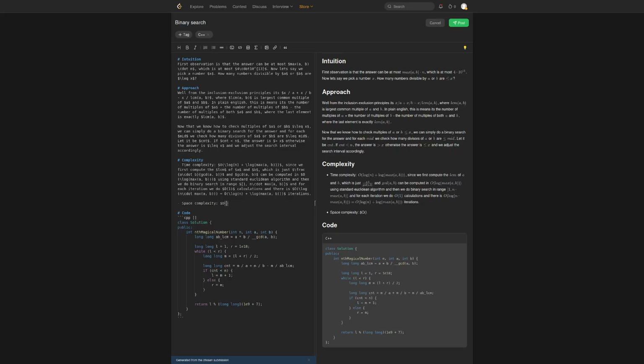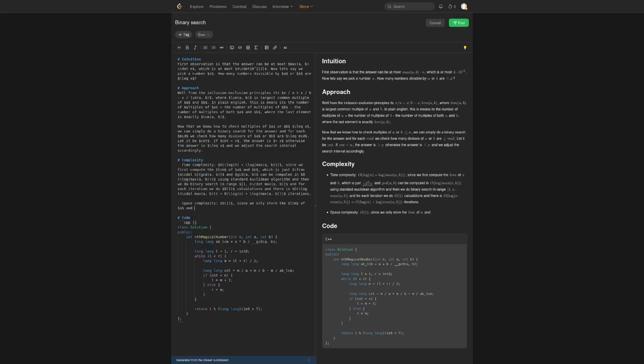Space complexity is O(1) since we only store the LCM of A and B and a couple of extra variables for the binary search.